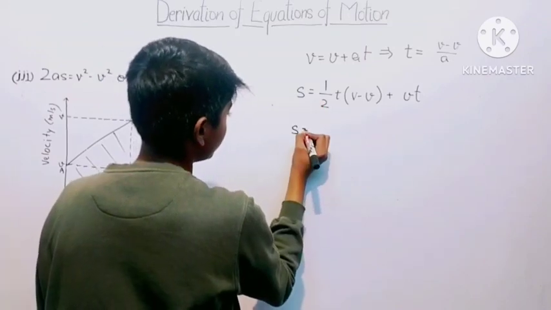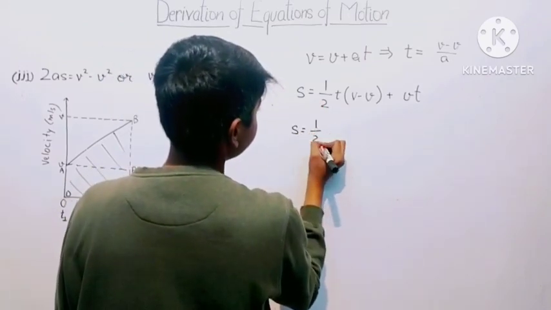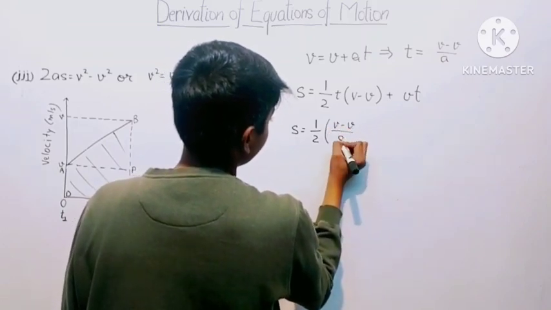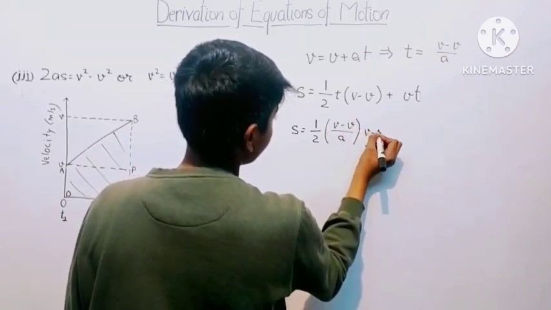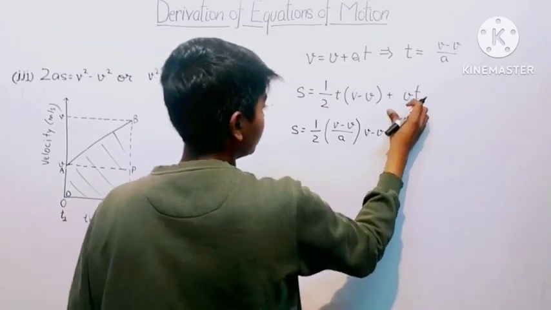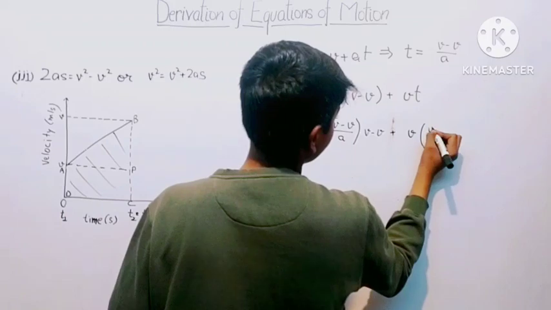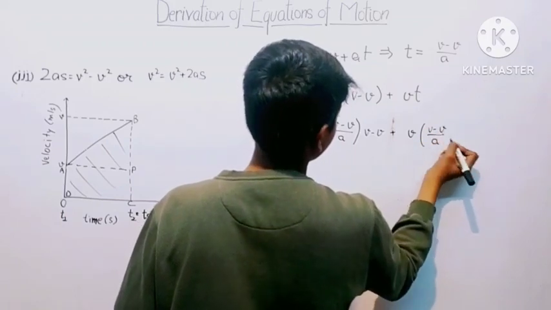So we will get s is equal to 1 by 2 multiplied by (v minus u) upon a multiplied by (v minus u) plus u multiplied by (v minus u) upon a.